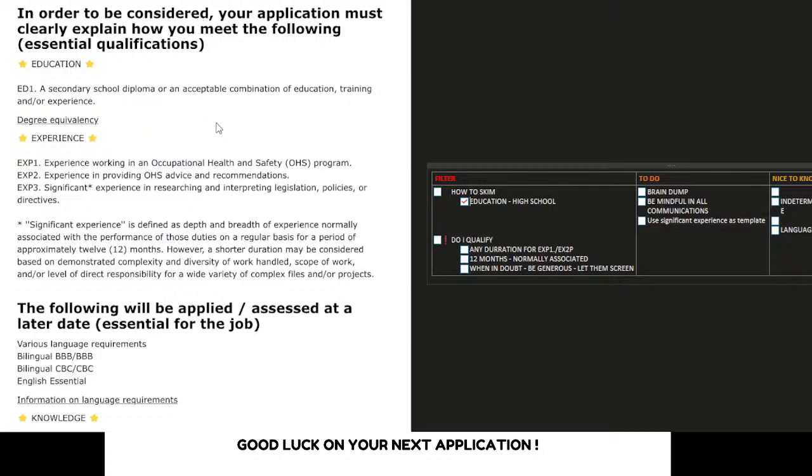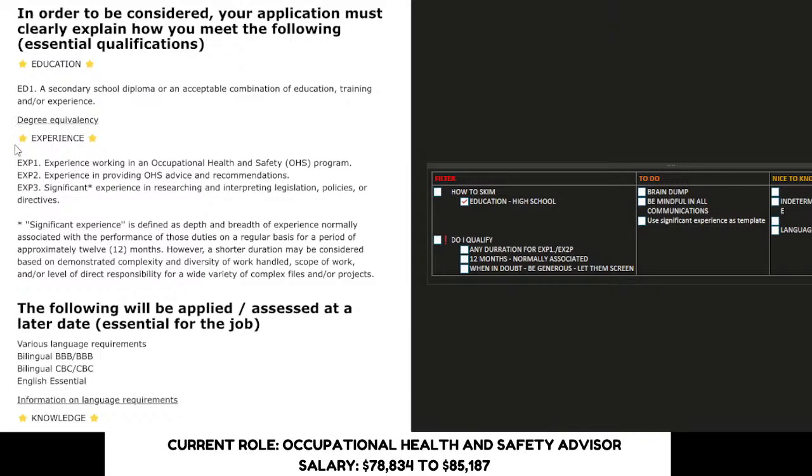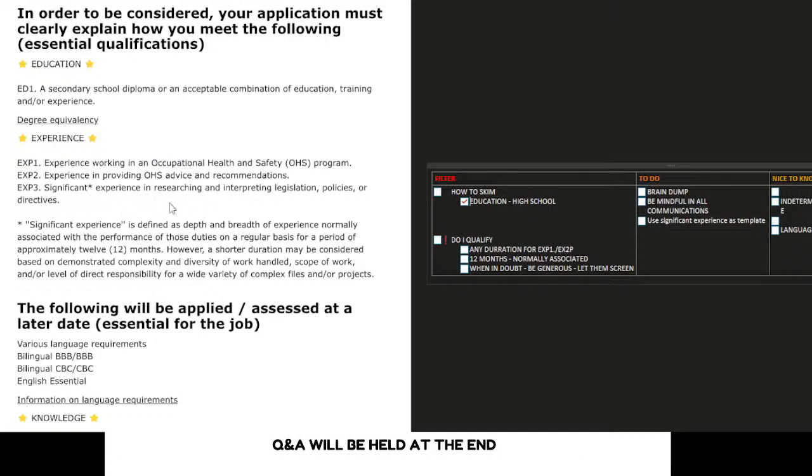And the next, really the most important part is whether or not you qualify. Now, this is where people sometimes get a little bit tripped up, and it's really important that you pay attention to how the wording is laid out. So I'm just going to take a moment to actually read these ones here. Experience 1, experience working in an occupational health and safety OHS program. 2, experience in providing OHS advice and recommendations. 3, significant experience in researching and interpreting legislation, policies, or directives.